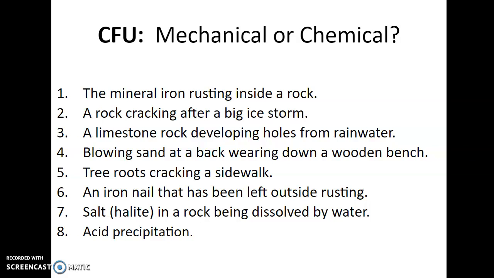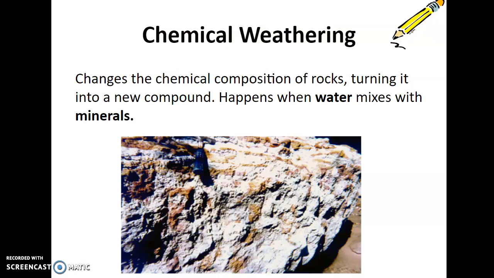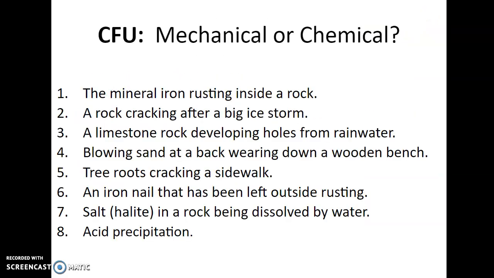So this is just an example of a biological activity. An iron nail that has been left outside rusting. This is a form of chemical. Salt or halite in a rock being dissolved by water. That is chemical. And then acid precipitation is also a form of chemical weathering.